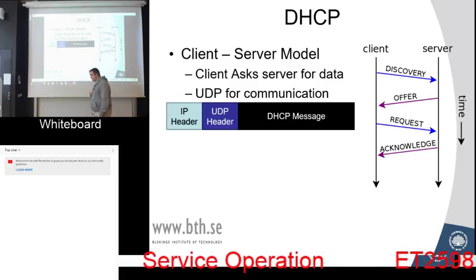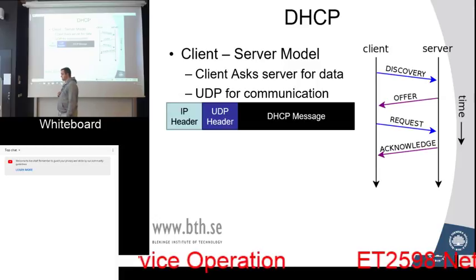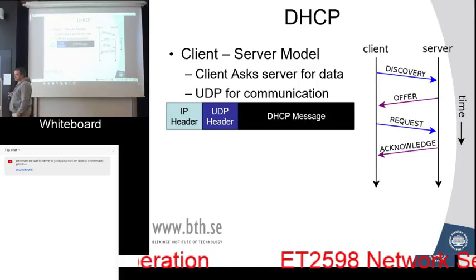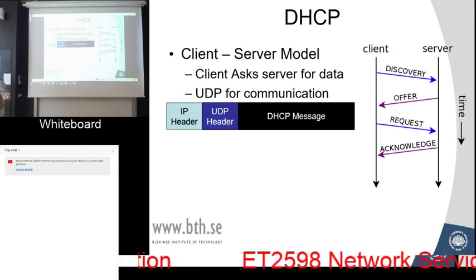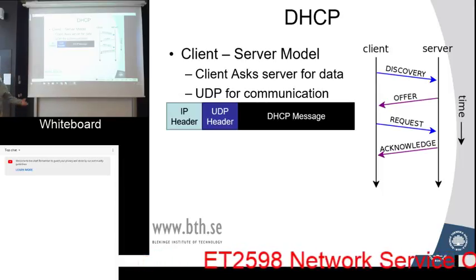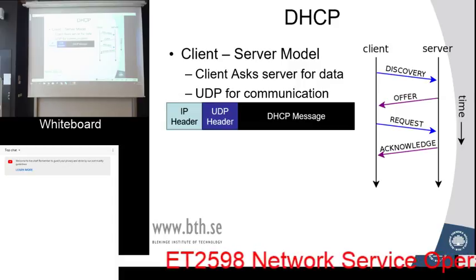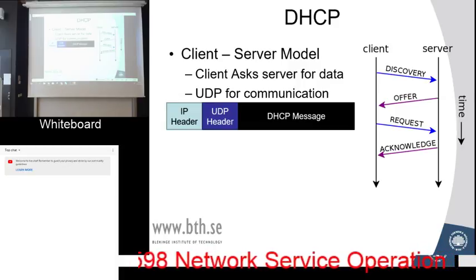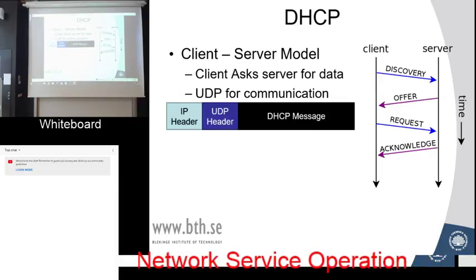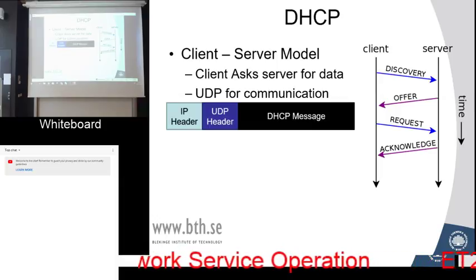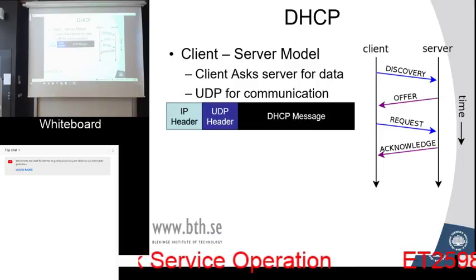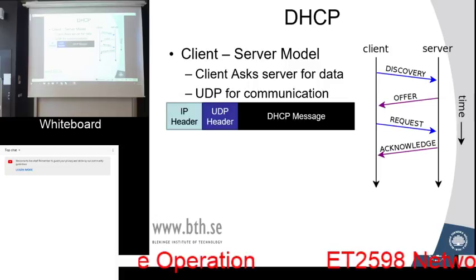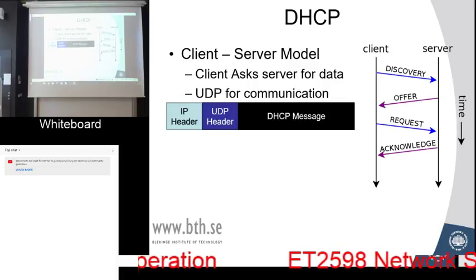The client receives this, and if it likes it, because it might have received multiple offers from different DHCP servers, it will then send a request. Hey, can I get this IP number, etc.? Because there might be some timing issues on how far things have gone.